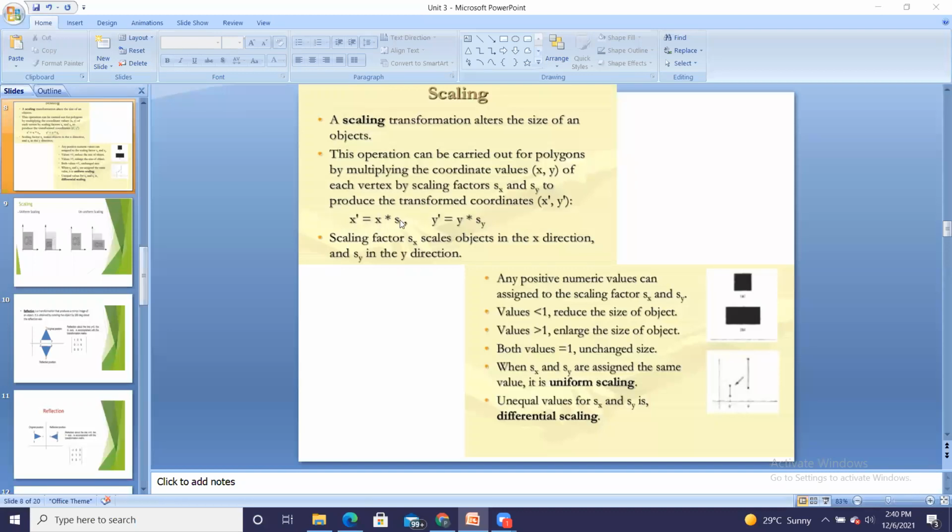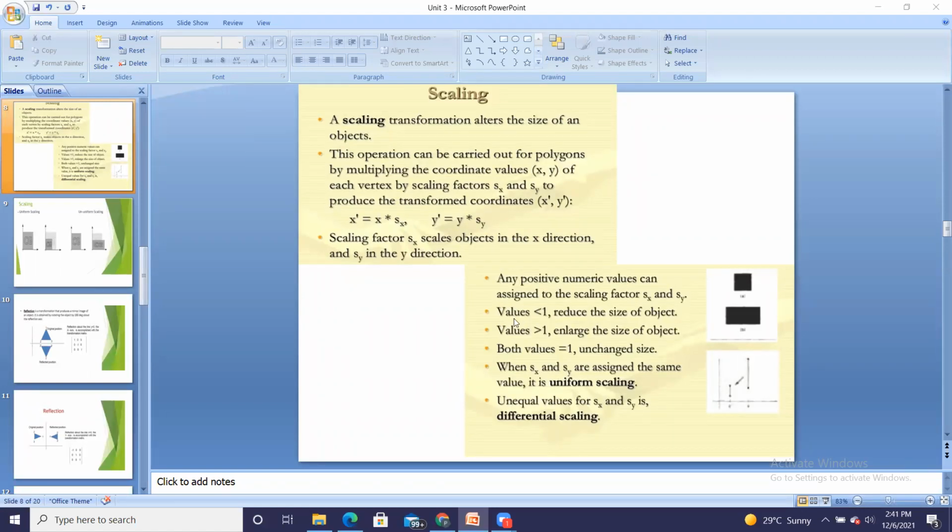Whenever I multiply with 0.5, the original value will get reduced. Suppose x is 10 and I multiply it with 0.5. So 10 into 0.5, I will get 5, which is your new x dash. The original value was 10 and we reduced it to 5, and that's why the reduction takes place.